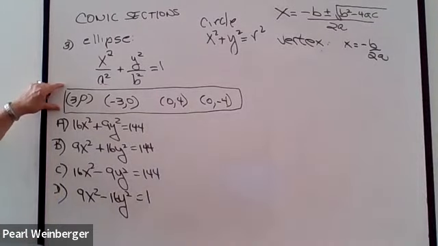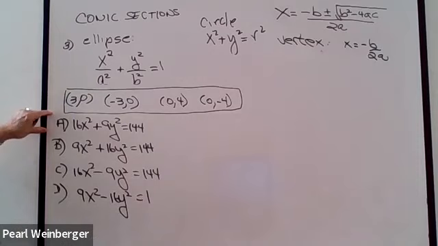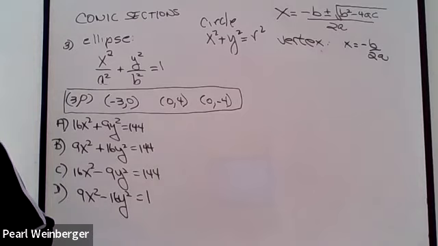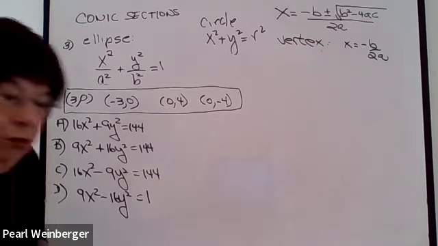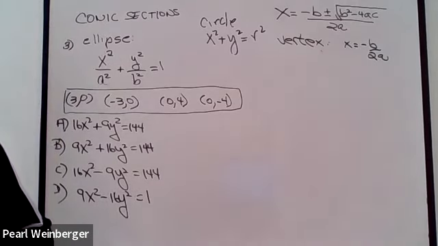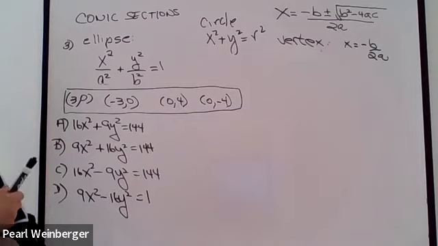If these are the four intercepts of an ellipse, which of these is the right equation? Okay, should we start working on it together instead of asking you to guess?